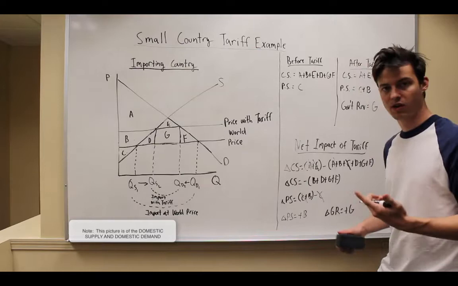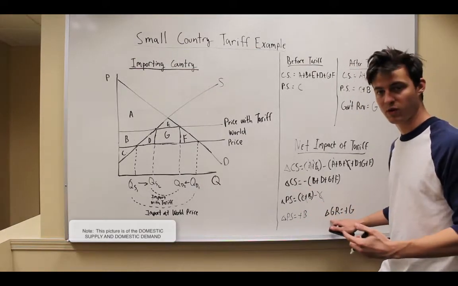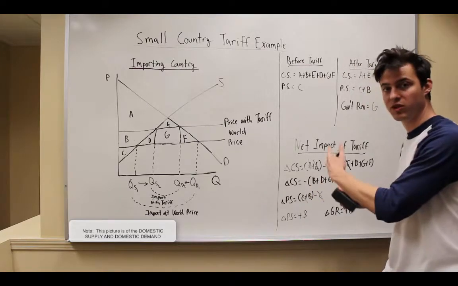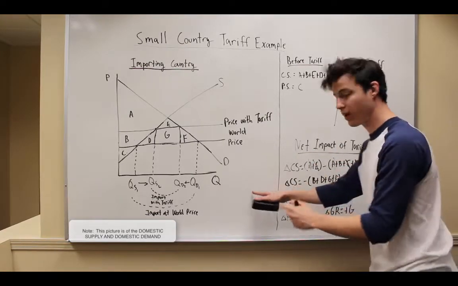So now that we have all of the changes to our consumer surplus, producer surplus, and government revenue, we can aggregate all of these to show the net impact of the tariff on the overall market. So I'll show that over here.